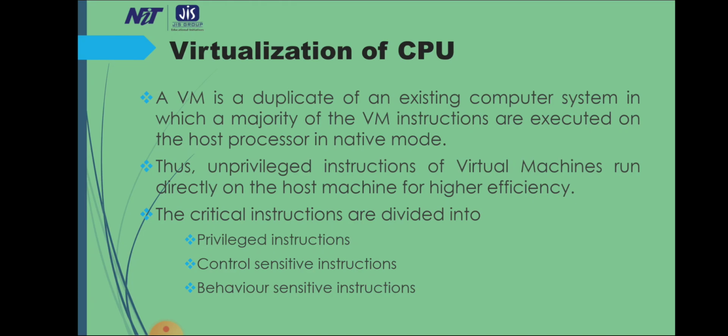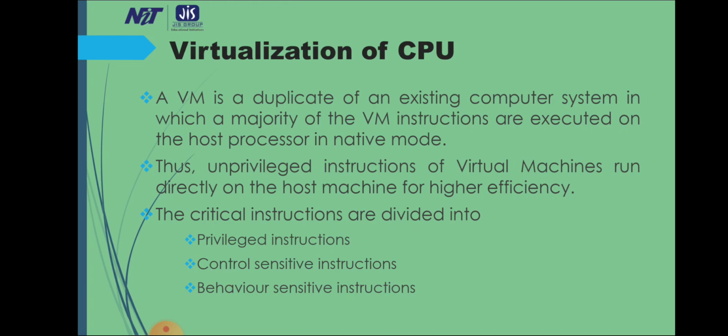Privileged instruction executes in a privileged mode and will be trapped if executed outside this mode. Control sensitive instruction attempts to change the configuration of resources used. Behavior sensitive instructions have different behavior depending on the configuration of resources, including the load and store operation over virtual memory.